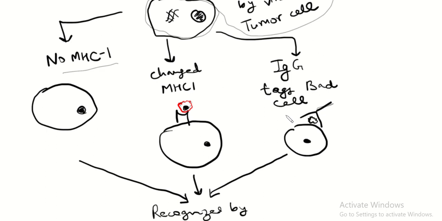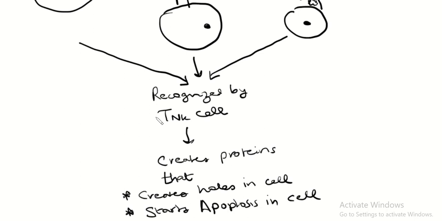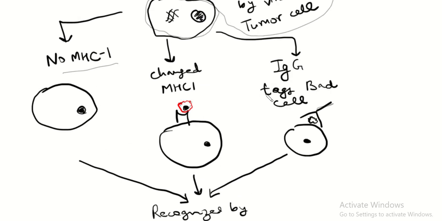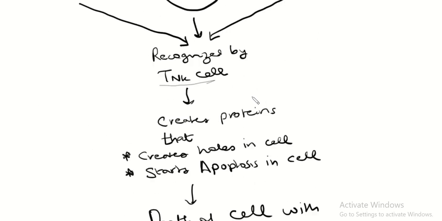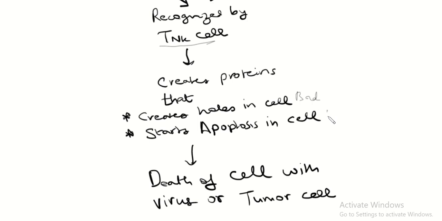Okay, and then the natural killer cell, once it recognizes the bad guy, comes to the site with interferons alpha and beta. Through these three mechanisms, it recognizes that a cell is not good, and then it creates proteins that create a hole in that bad cell, or starts the process where the bad cell self-destructs or goes through apoptosis, which is called the self-destruction of the cell.